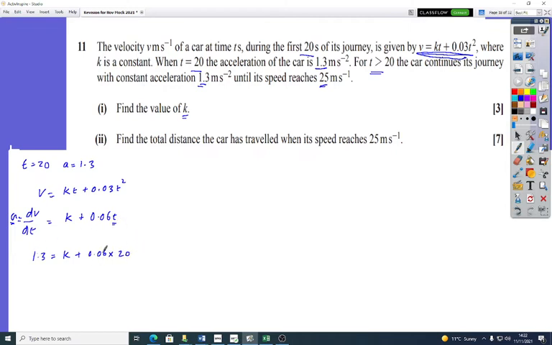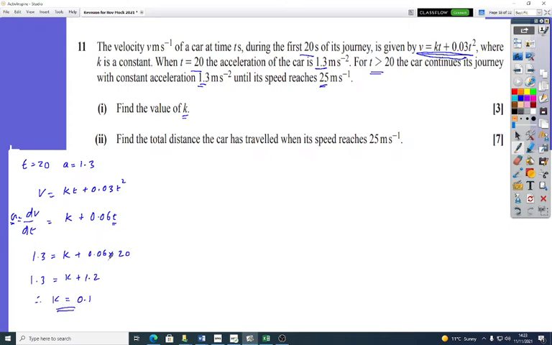If you put that through your calculator, 10 times that is 0.6, double it is 1.2. So 1.3 equals k plus 1.2. Take that to the other side, therefore k has to be 0.1.